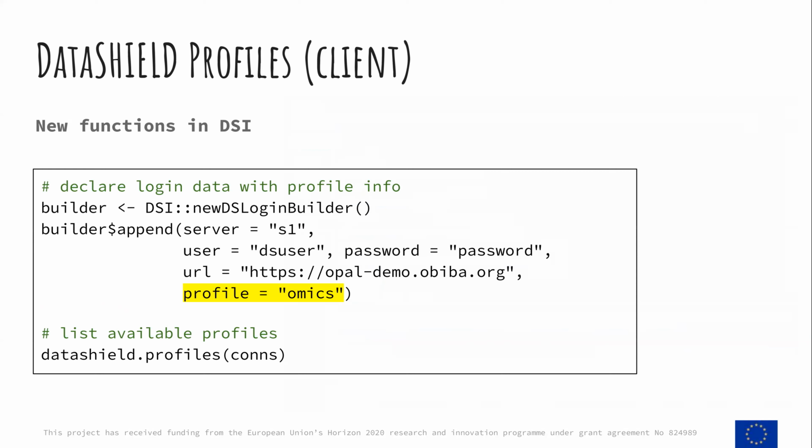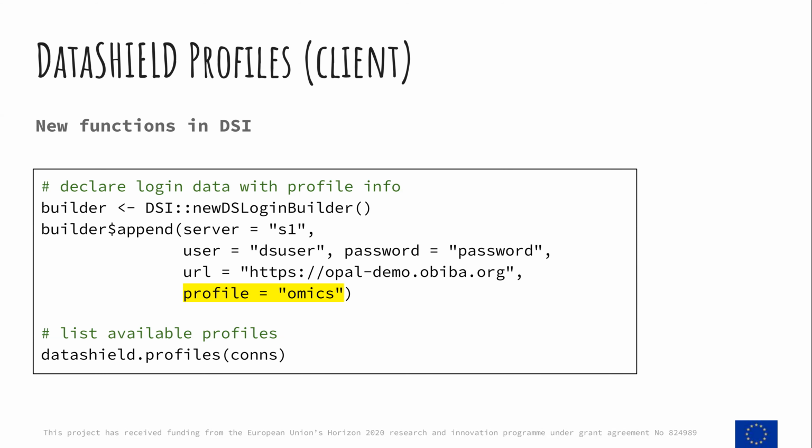From the client side, it's very simple. When you declare the login data, you just have to specify what will be the profile you want to work with. And this information is not mandatory. So if you connect to a server that does not support the profile or has only one profile, so it's quite obvious, it will fall back to the default profile.